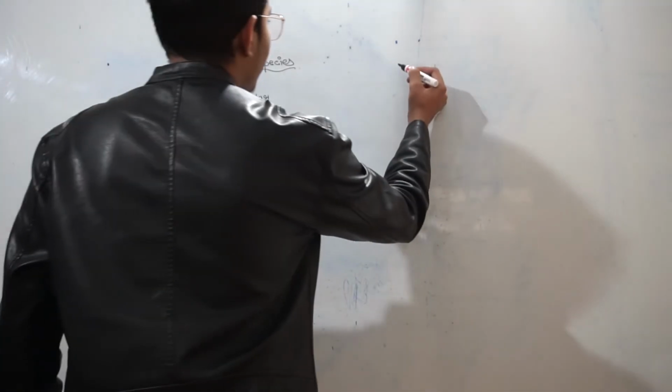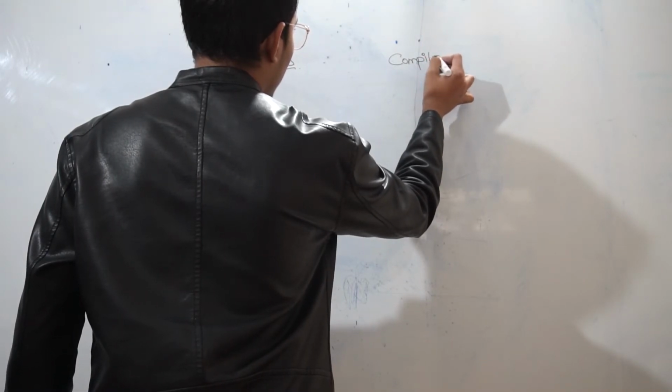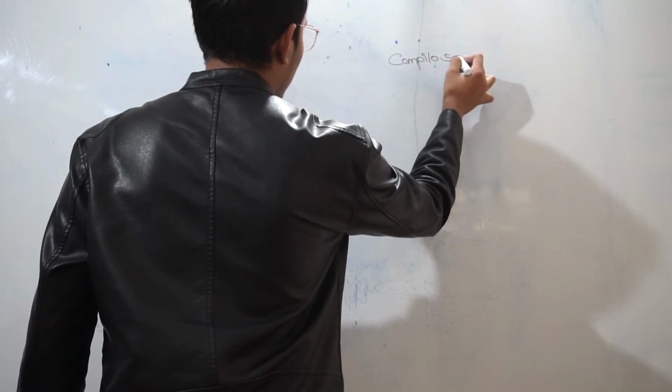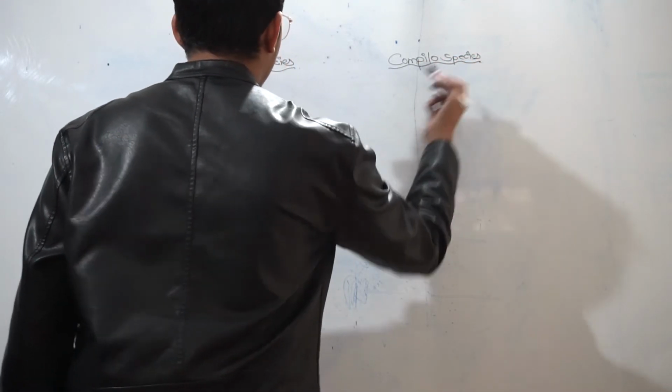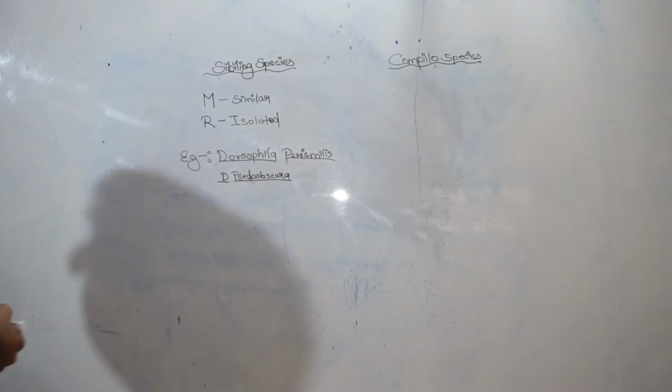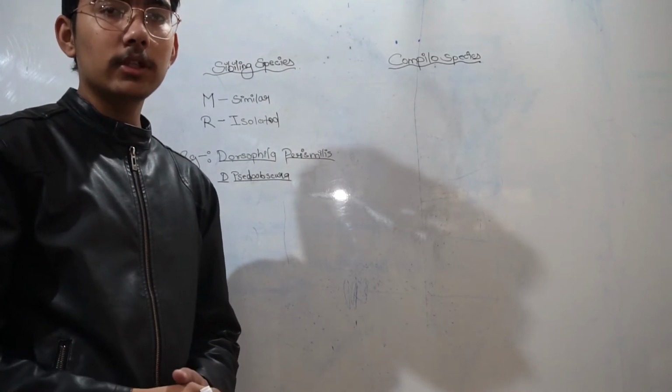Now the other term is compilospecies. So what are compilospecies? They are morphologically different but reproductively compatible.